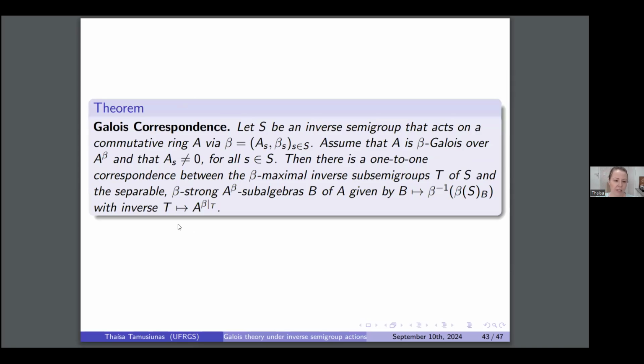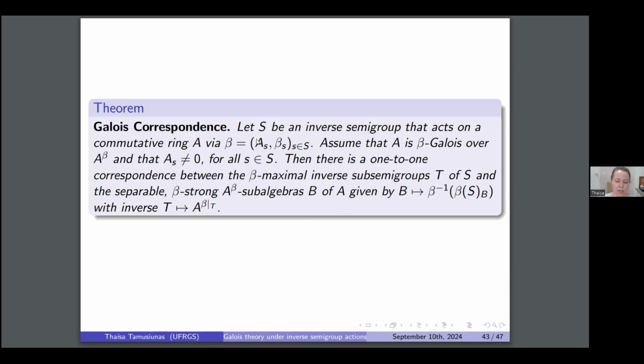And then with these results, we can show that if S is a finite inverse semigroup that acts on a commutative ring A, and assuming that A is beta Galois over A beta, and such that the ideals are non-zero, then there is a one-to-one correspondence between the beta maximal inverse subsemigroups and the separable and beta strong A beta subalgebras.